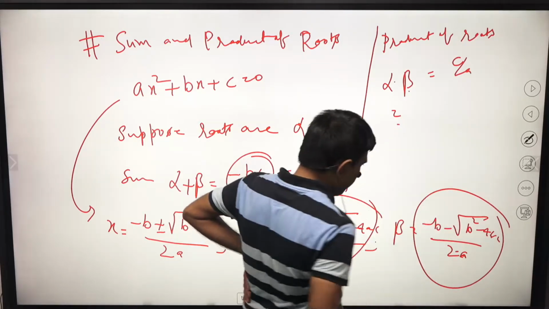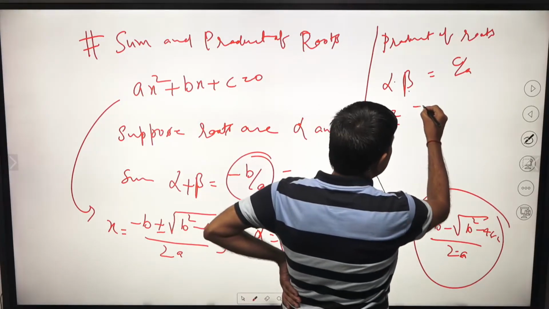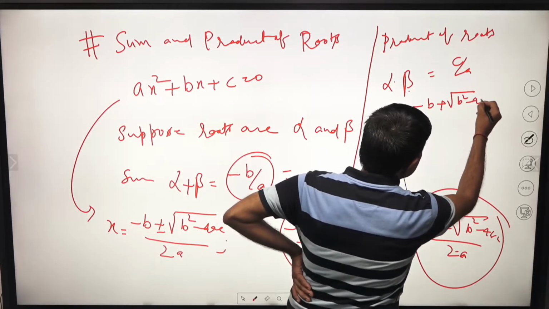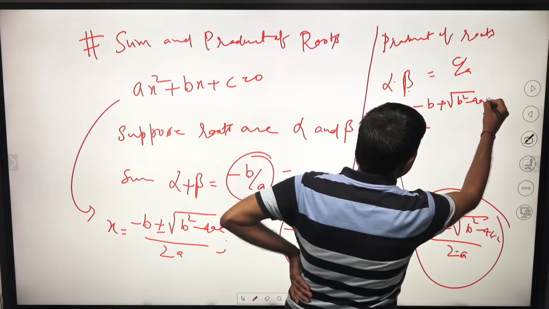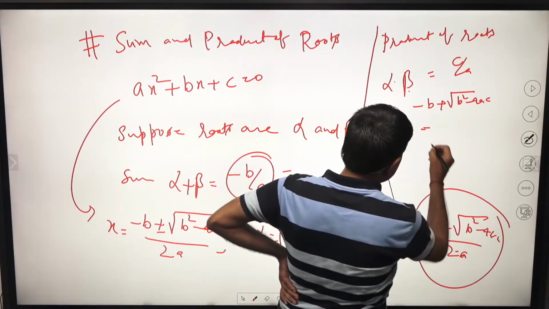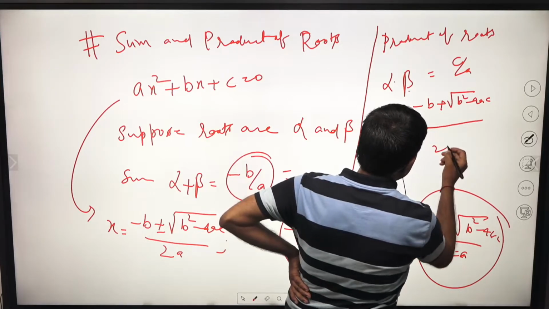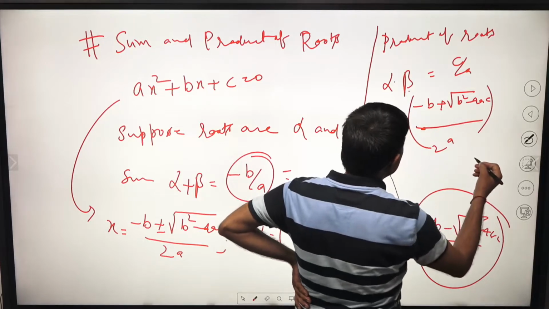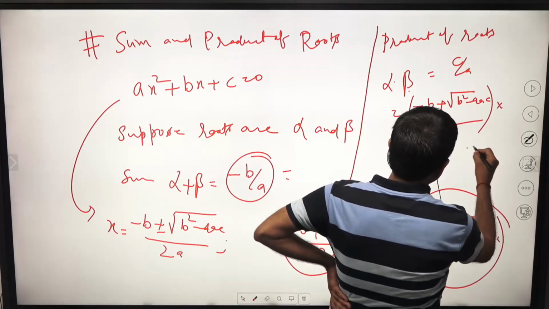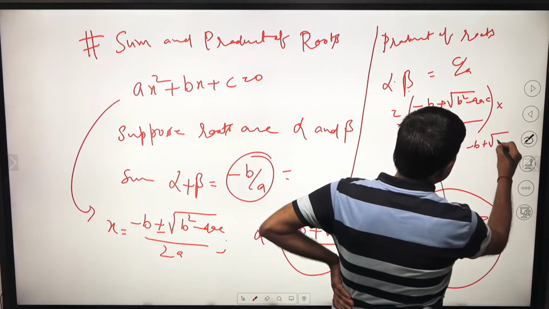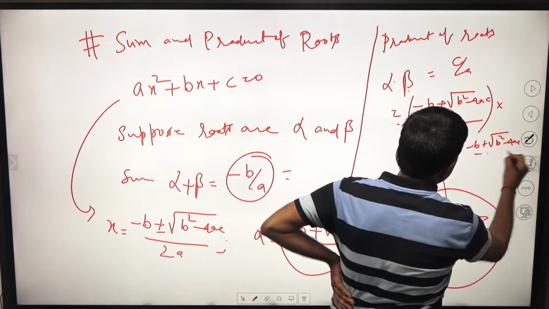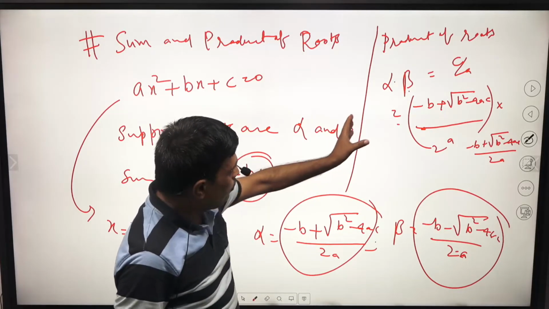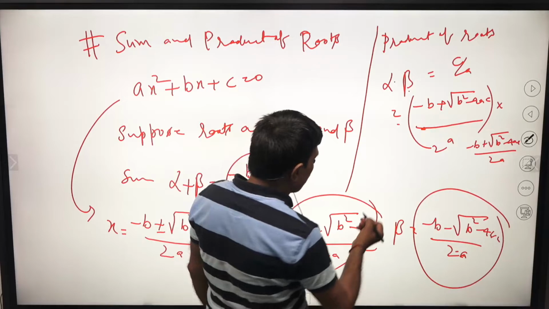Alpha is minus b plus root under b square minus 4ac upon 2a, into beta, minus b minus root under b square minus 4ac by 2a. Here the denominator is the same, so (a plus b)(a minus b) gives a square minus b square.